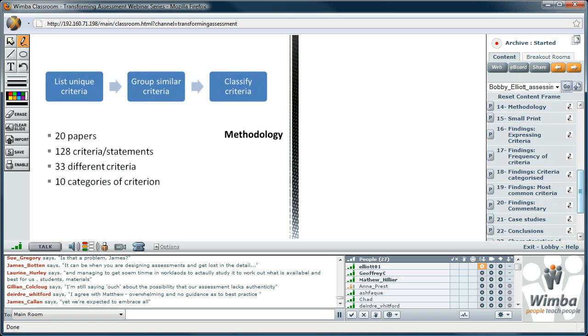Some rubrics simply had statements within them. Technically wrong, a rubric should technically have criteria and not a statement. However, I came up with a grand total within those 20 rubrics of 128 statements, which averages around 6.5 statements per rubric.